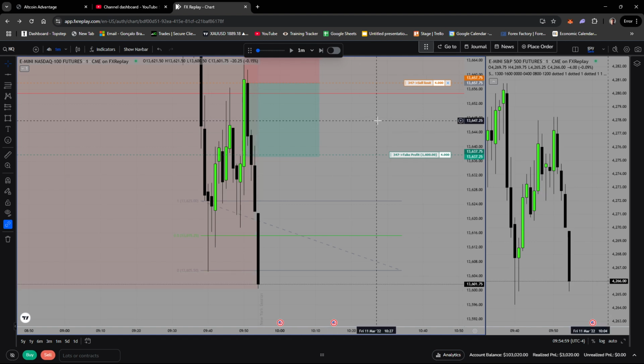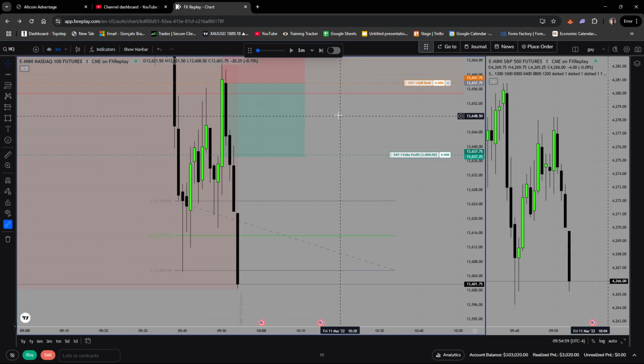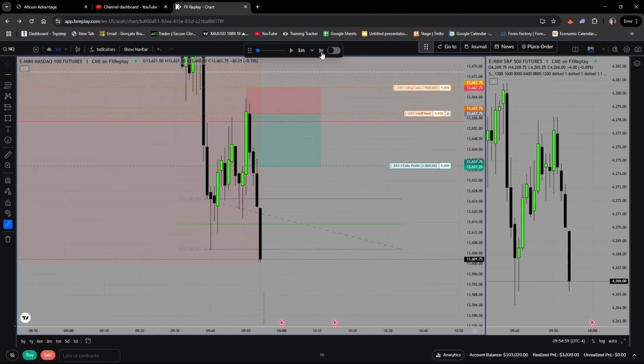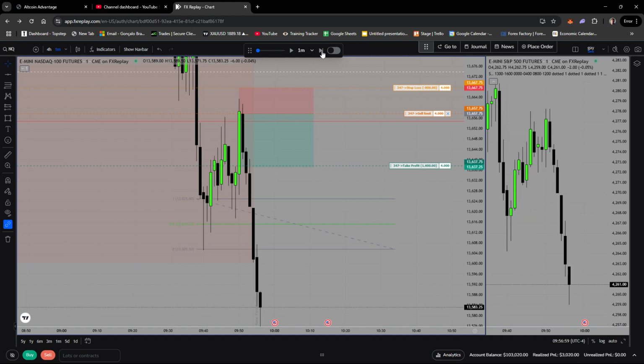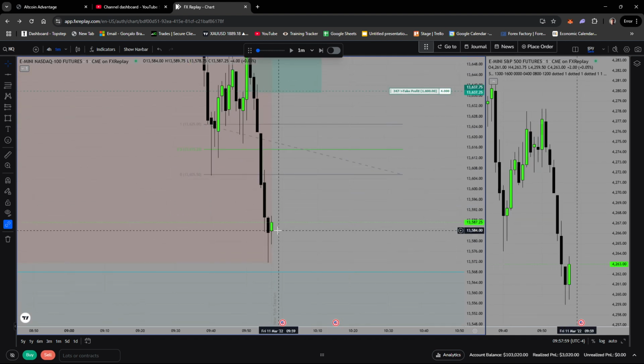Wow. Strong movement now. Okay. We're going to delete that. See if we can keep pushing down from here.